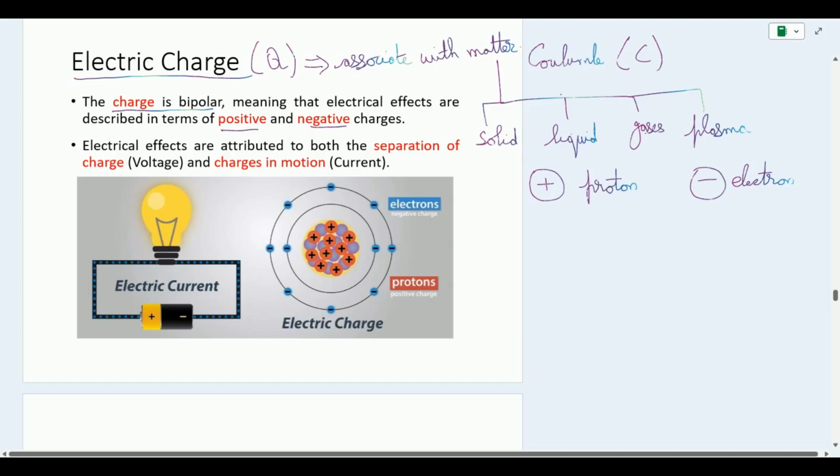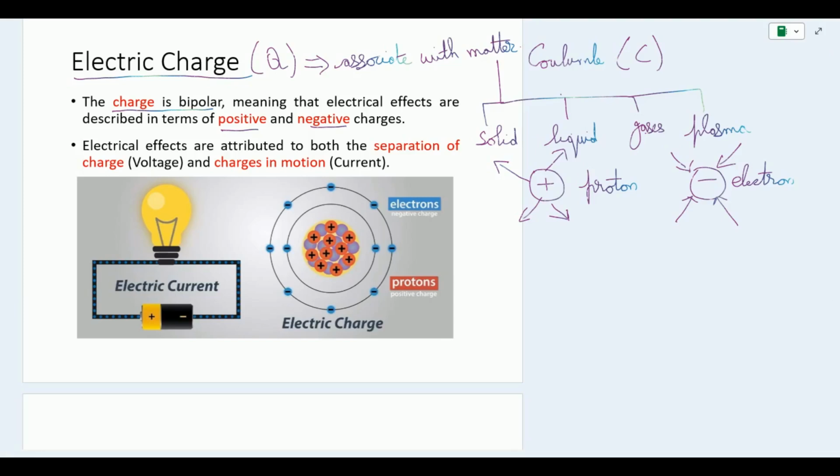A proton basically radiates energy, and an electron is such a property of matter that it absorbs energy. So these charges are radiating energy, or in the domain of waves, generating waves or absorbing waves. So we say that these charges are bipolar in nature.